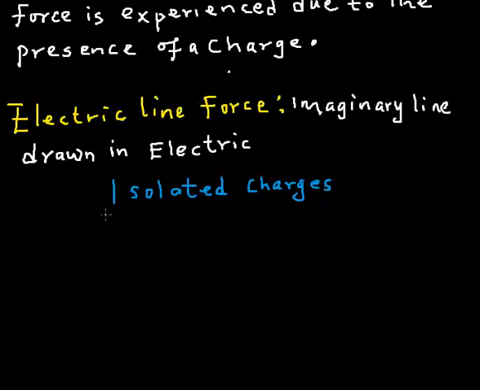I will start with an isolated positive charge. Now I'm going to draw the line of force. This is how the line of force is. The arrow always points outward. One characteristic of electric lines of force is that they don't cross each other.